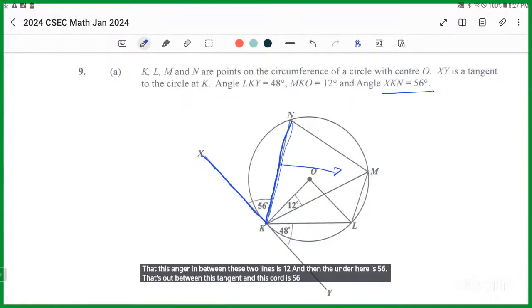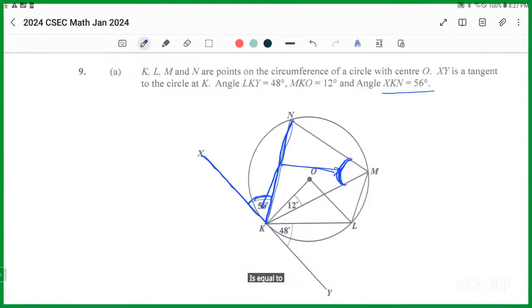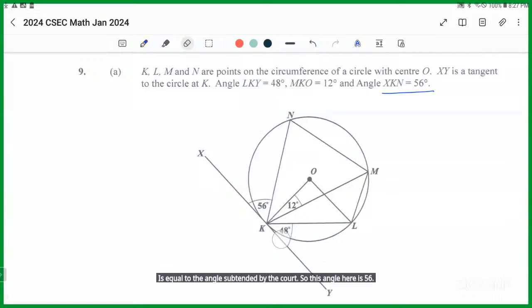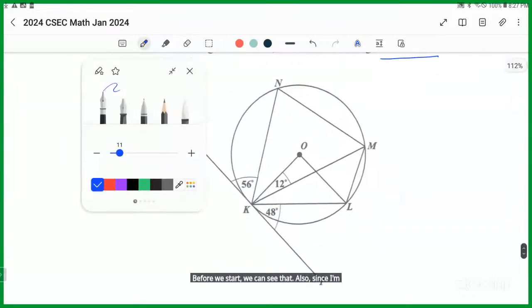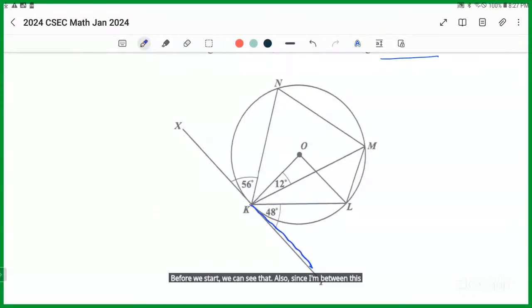Know right away that this angle is also 56. The angle between a tangent and a chord is equal to the angle subtended by the chord. So this angle here is 56. Before we start, we can see that. Also, since the angle between this tangent and this chord is 48, the chord is going to subtend the same 48 degrees up here at the circumference.